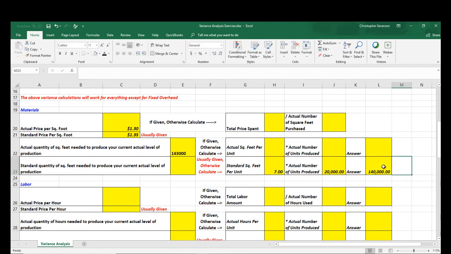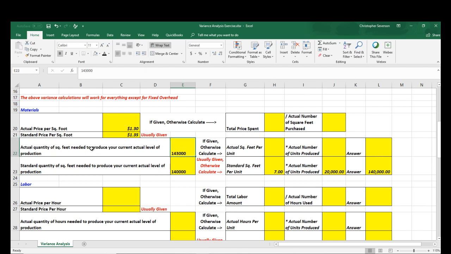So our standard total amount should have been 140,000, which is what I'm going to plug in over here. Now, we should have used 140,000. We actually did use 143,000.